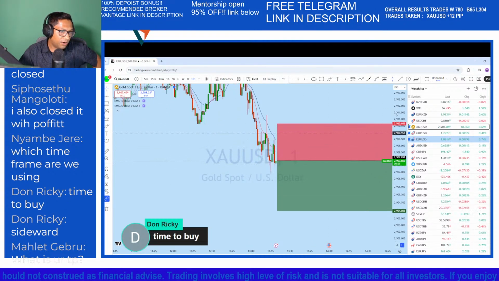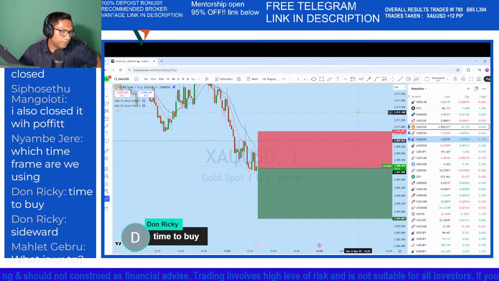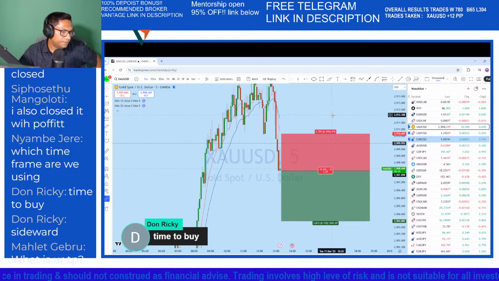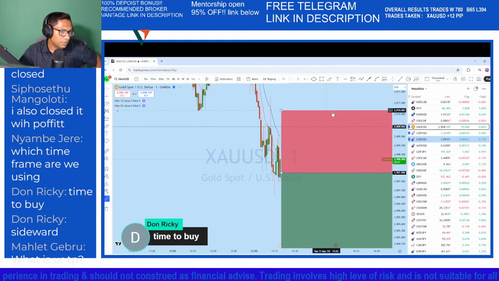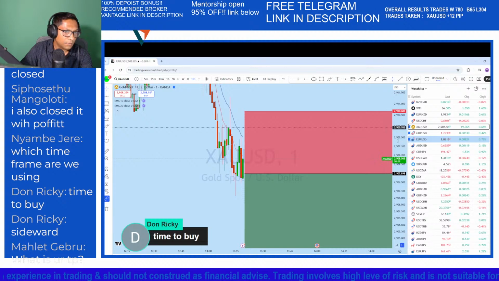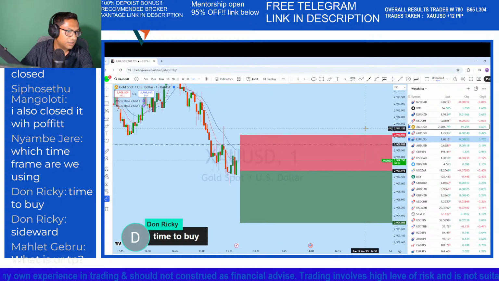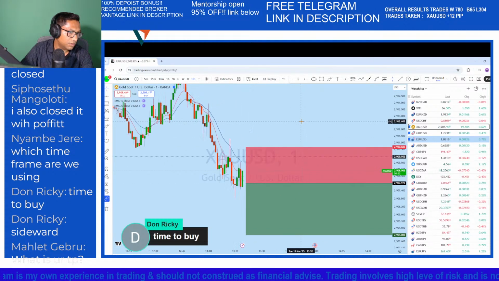1 minute bearish engulfer here on the support, and this is a rejection. Come on, that move is not expected. This 1 minute bearish engulfer is expected to drop in that direction.